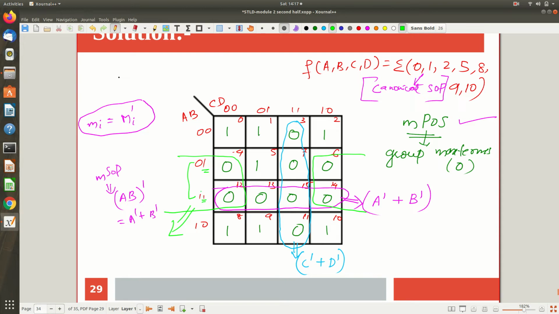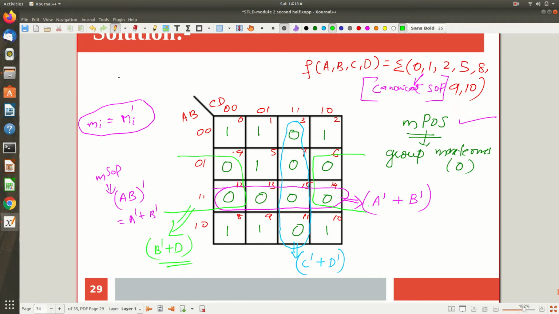Similarly, from first column to last column, C is getting eliminated, so what remains is D, and D is 0, that means D as it is.